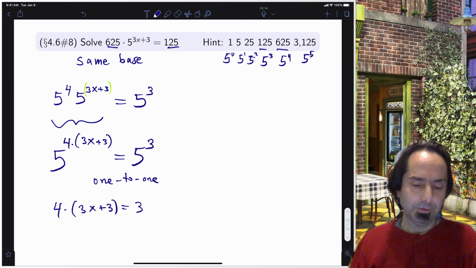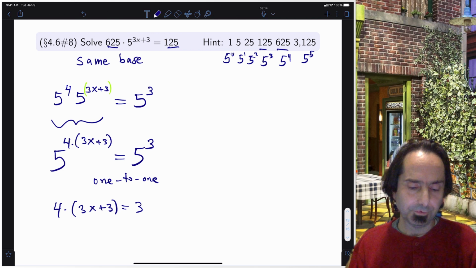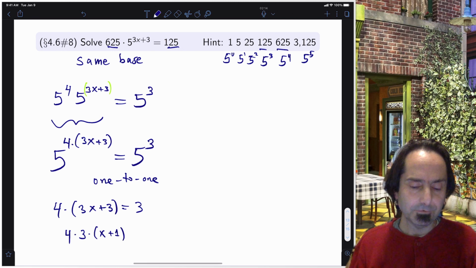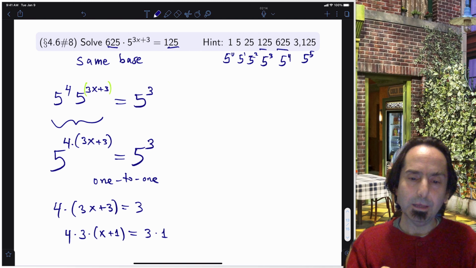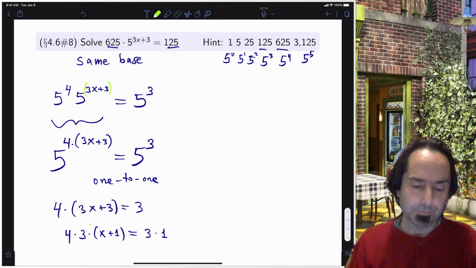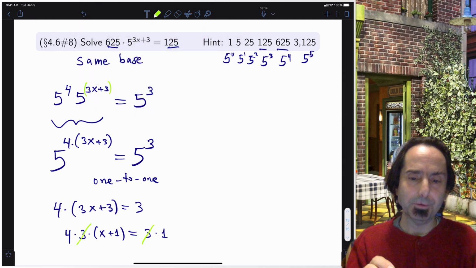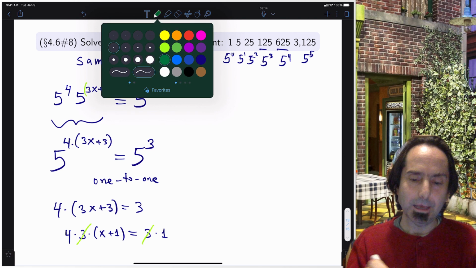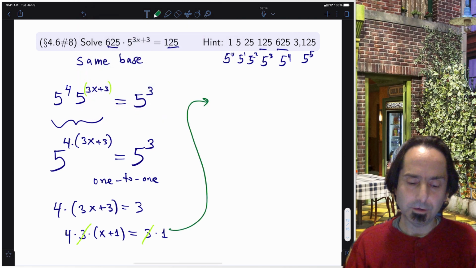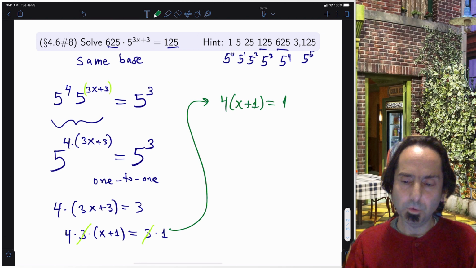And let's do this a clever way. Notice there's a common factor here. That's 3x plus 1. So I have 4 times 3 times x plus 1 equals 3. 3 is 3 times 1. And I can cancel out the 3. And this brings us up here. 4 times x plus 1 is 1.